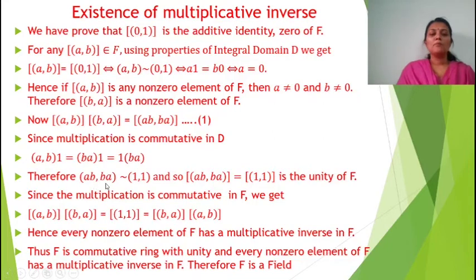Therefore (ab, ba) is equivalent to (1,1), the unity of F. Since multiplication is commutative in F, we have (a,b)·(b,a) = (1,1) = (b,a)·(a,b). Hence every non-zero element of F has a multiplicative inverse in F. Thus F is a commutative ring with unity and every non-zero element of F has a multiplicative inverse in F. Therefore, F is a field.